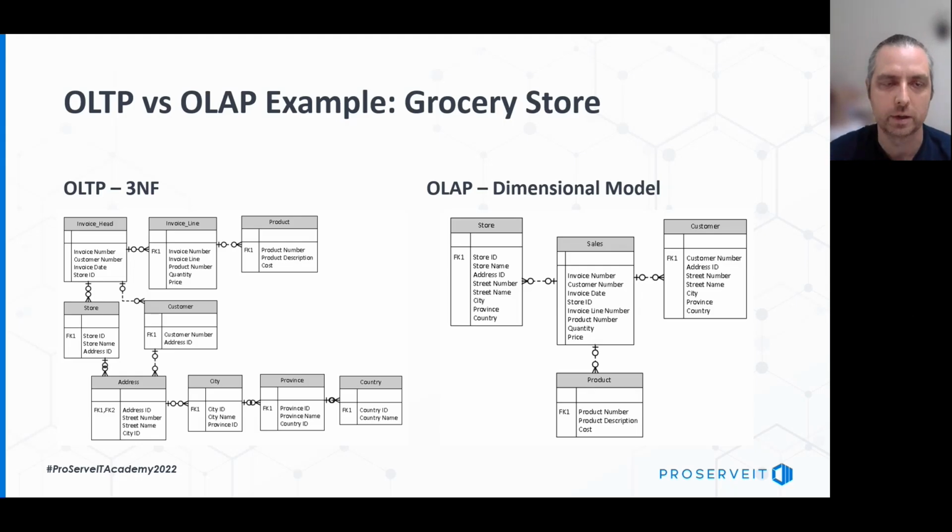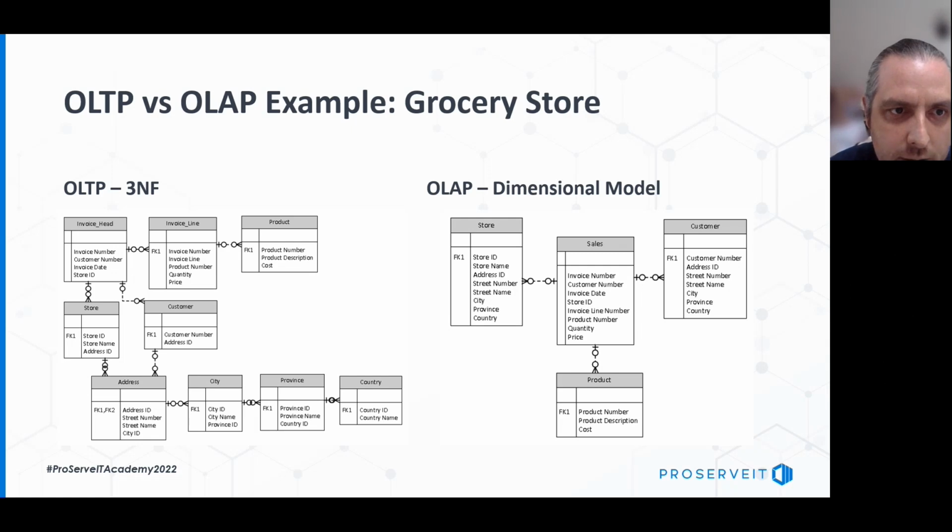So now if we think of a reporting use case here, and we say, I want to look at my sales of apples by province. In the third normal form, what you now need to do is join from your invoice header to your invoice line, which is going to get you your quantity and prices and the store.